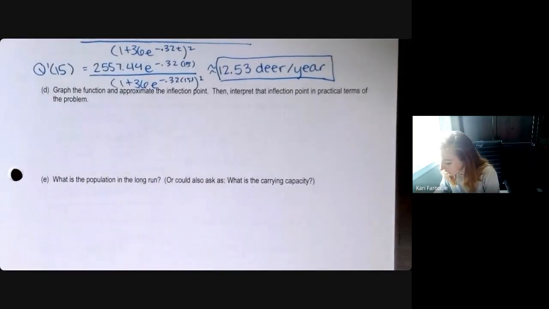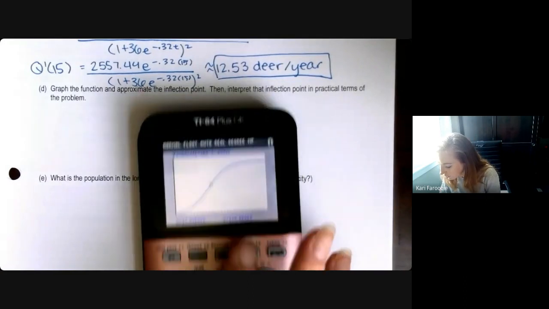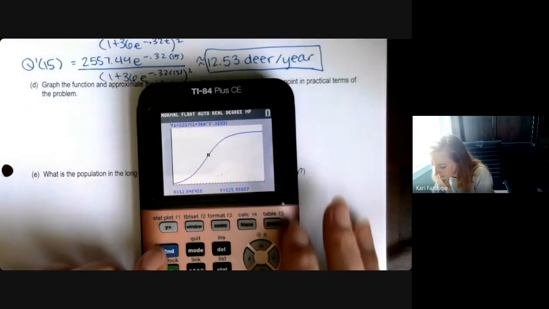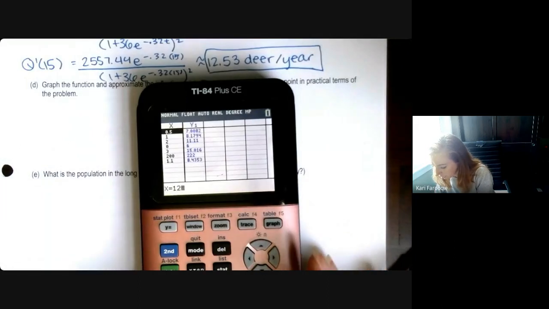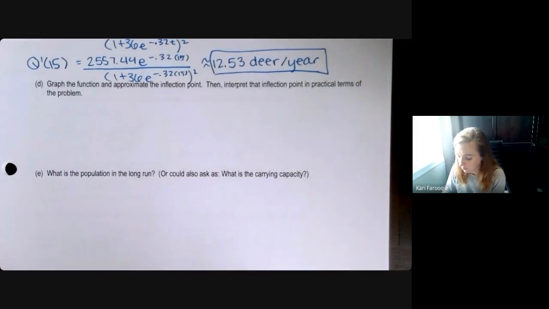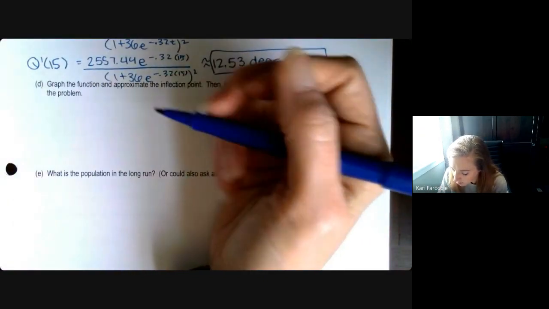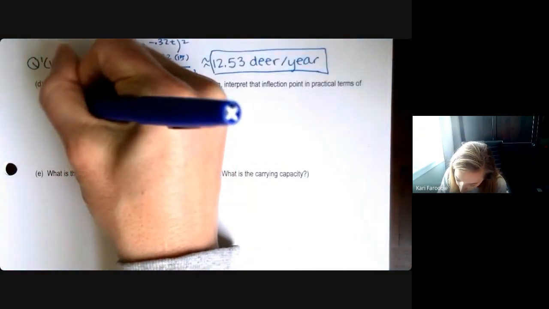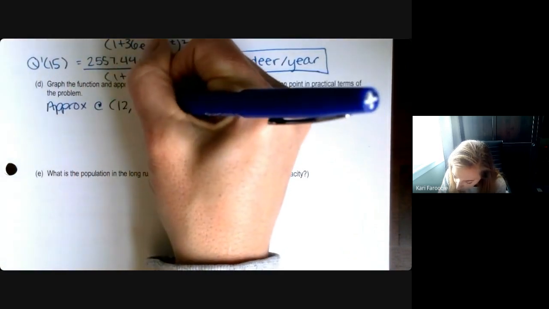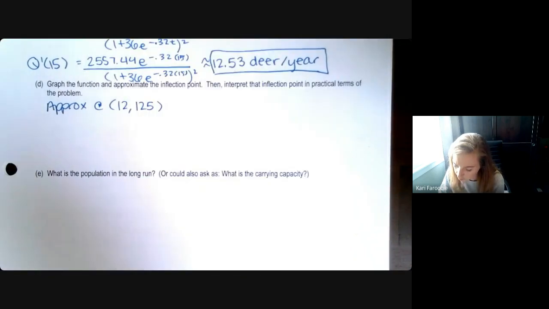Oh, you know what? The y value was about 126. But we can always look in the table. We went to the table and said, well, what happens at 12? It's 125.16. So we would say that this occurs at approximately 125-ish.